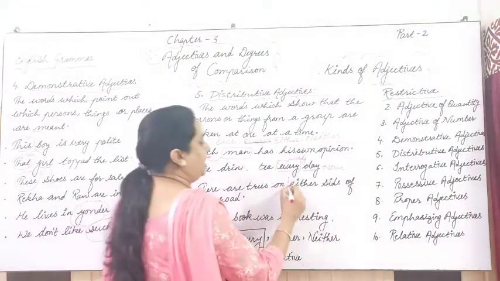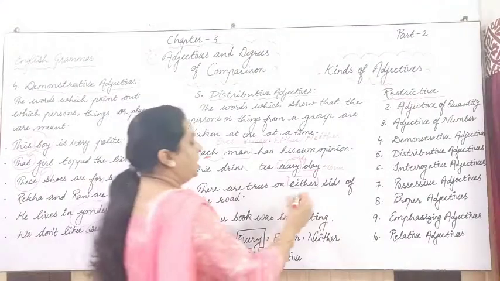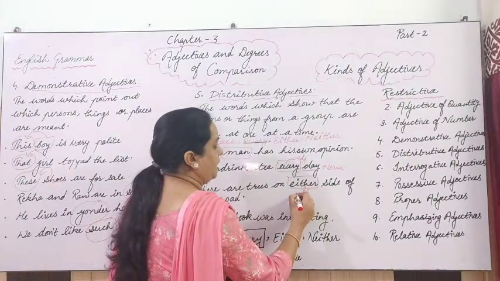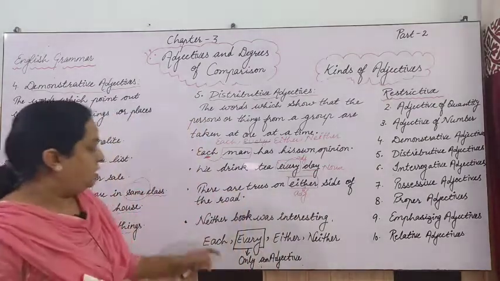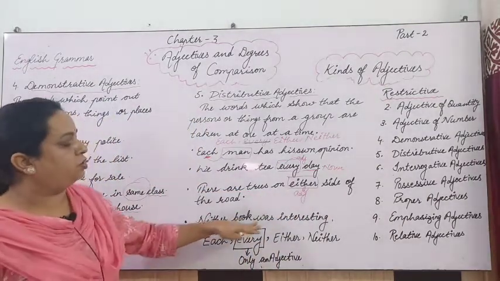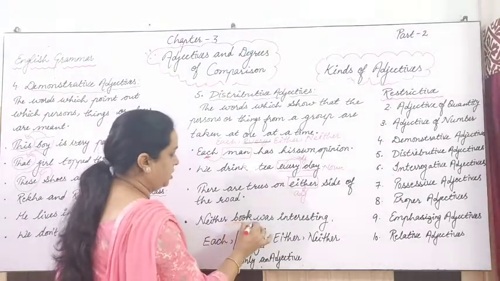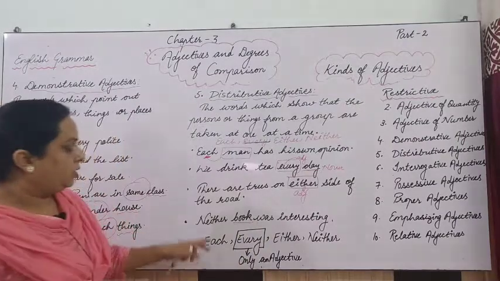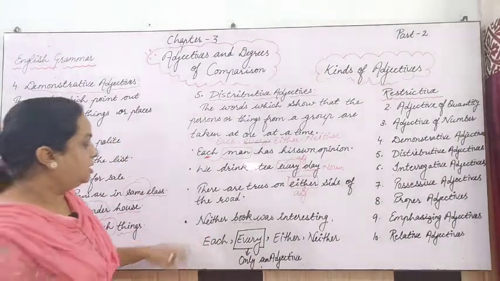There are trees on either side of the road. So this word either is acting as an adjective, and what is the kind? Distributive adjective it is, because side is the noun. Neither book was interesting. We are talking about the book, right? So neither is what here?